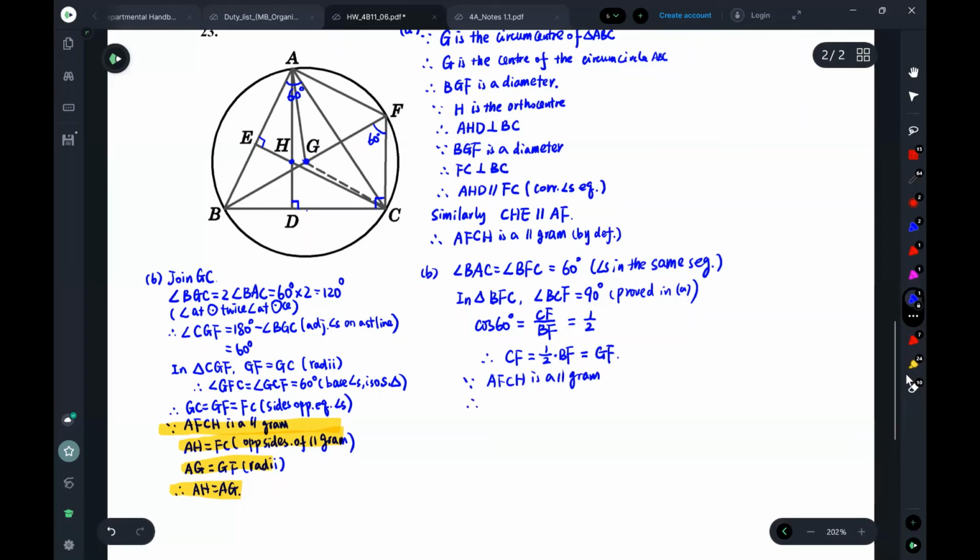It's proven, and therefore AH and CF are equal, opposite sides of parallelogram, and therefore also GF is diameter, so GF equal AG, therefore AH equal AG.